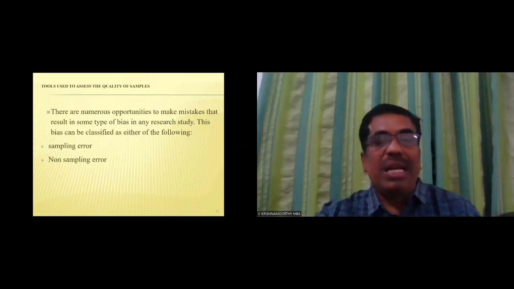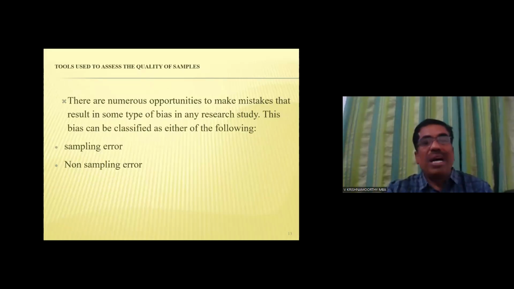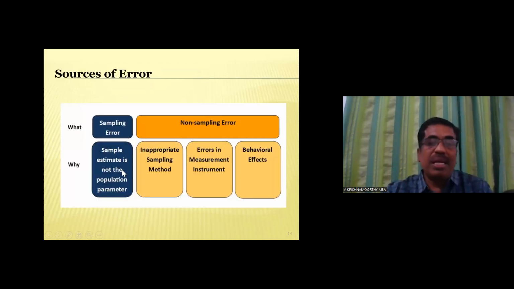Now let's take the tools used to assess the quality of samples. There is no separate statistical tool used, but there are two parameters based on which we can assess the quality of samples. One is sampling error, another one is non-sampling error. What is sampling error, and what is non-sampling error?